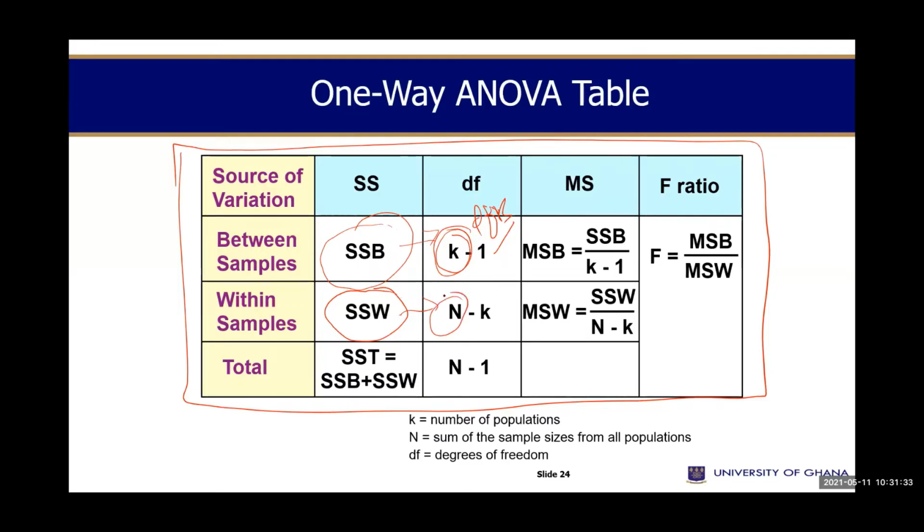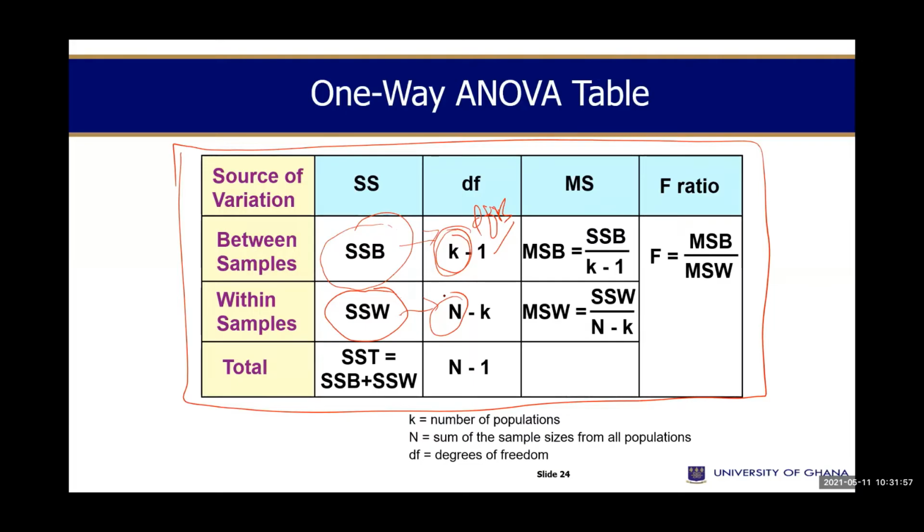Then N here is the sum of all the sample sizes from all the populations. So we need to know how many samples we have from the Junction Mall regarding the data collected in terms of sales. That of Accra Mall, we do the same. That of Achimota Mall and West Hills.